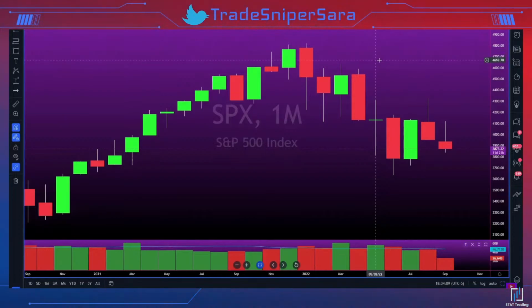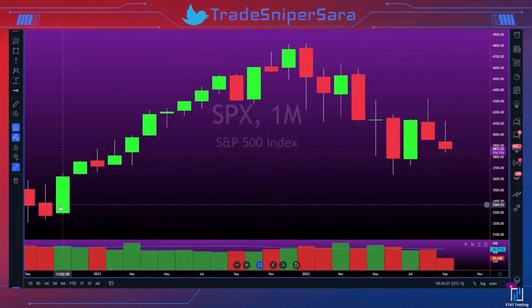We don't necessarily care who is stronger. We just want to play on the stronger team, right? Looking at these monthly candlesticks of SPX, each candle is 1 month of time. It's very easy to see what group is in control.